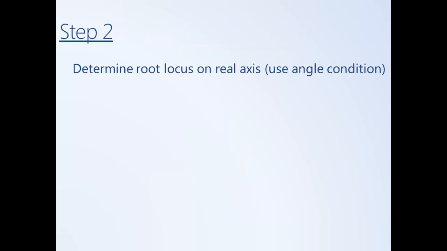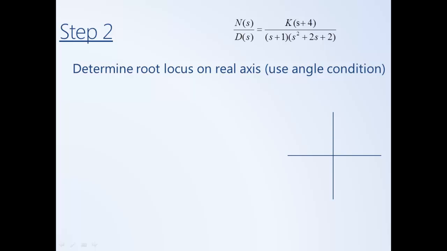Step 2 of our procedure is to determine the root locus on the real axis. And this derives from the angle condition. Looking at this, I'll real quickly draw in our poles and our zero. What we can do basically is break the real axis up into 3 distinct regions.